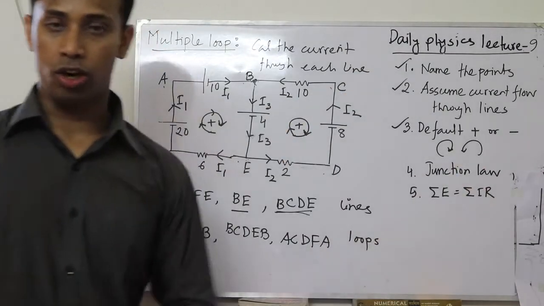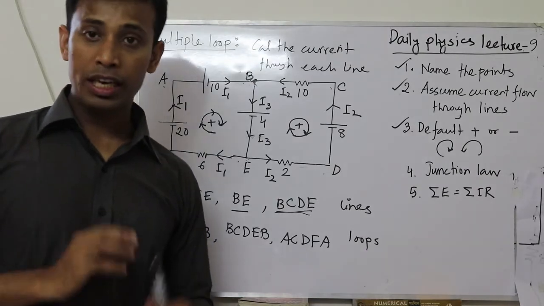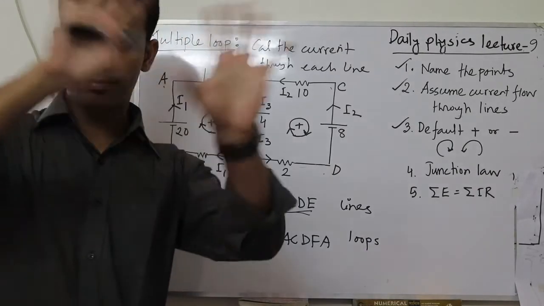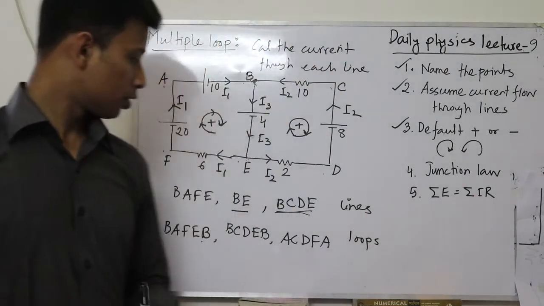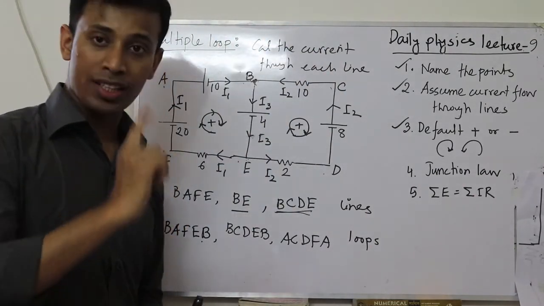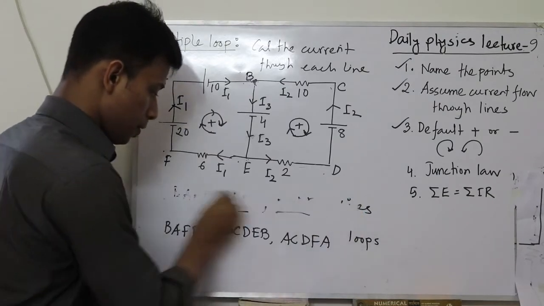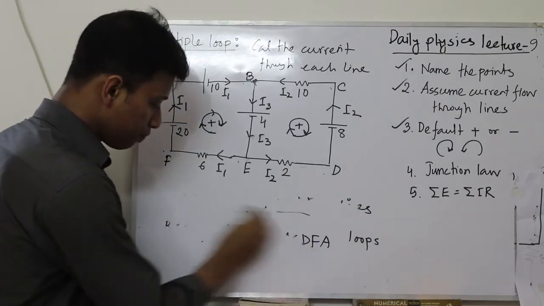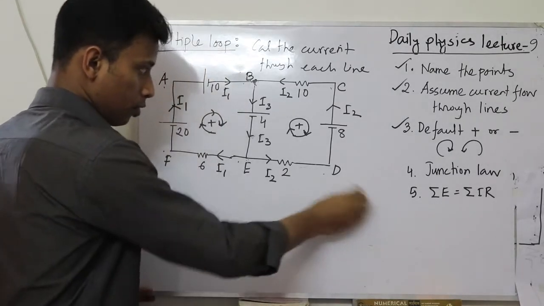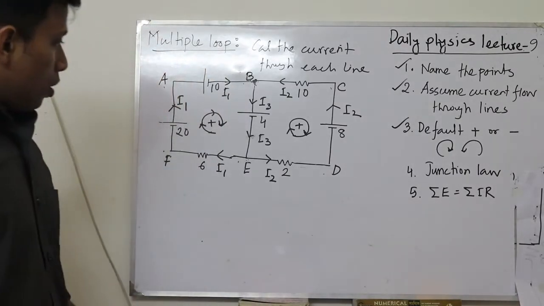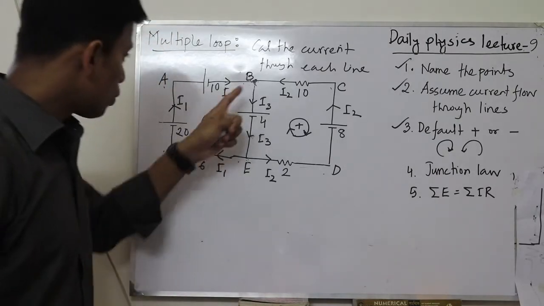Now use the junction law. In this circuit, you have to use one junction. How many junctions do we have? 2.